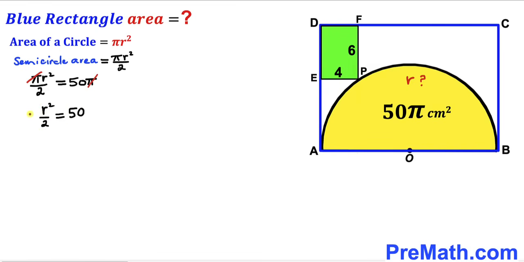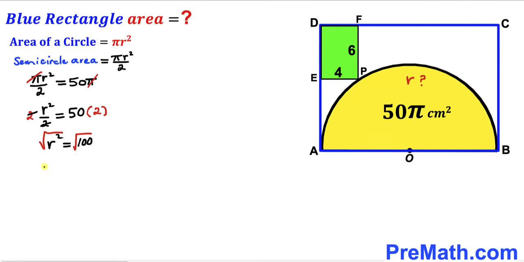Now I am going to multiply both sides by 2, and we can see the 2 and 2 cancel out. So r squared is equal to 100. Now I am going to undo this square by taking the square root on both sides.